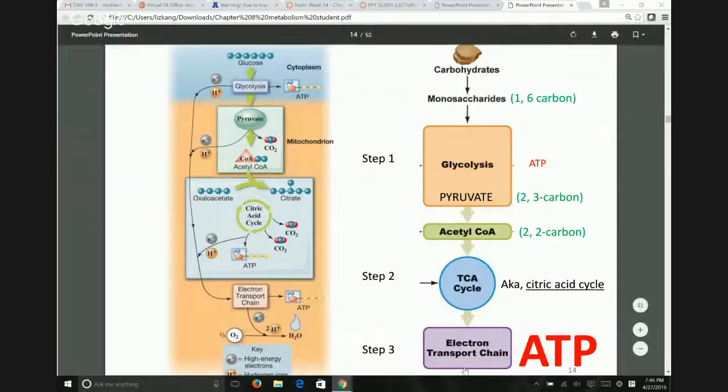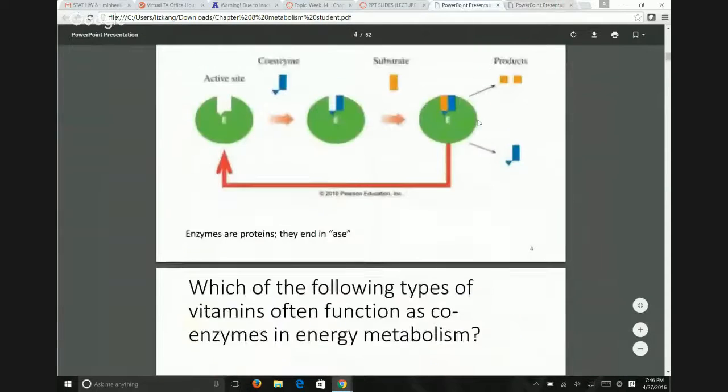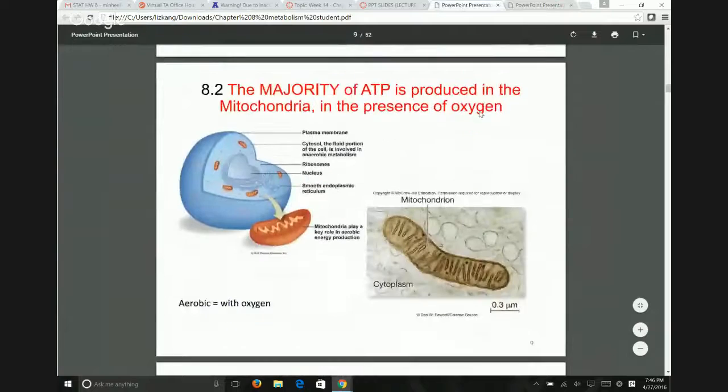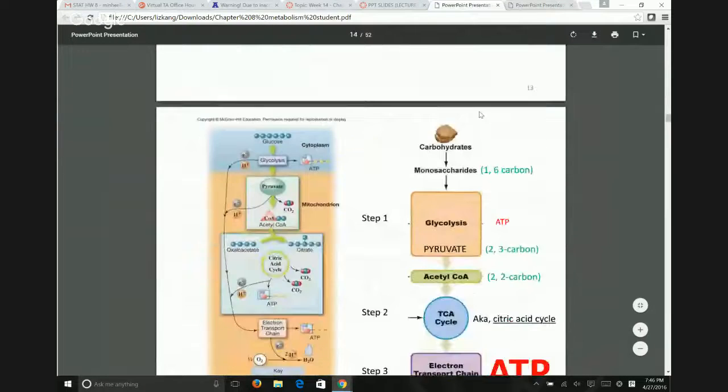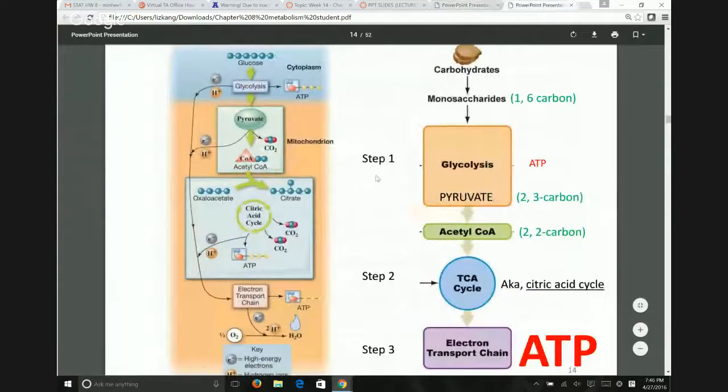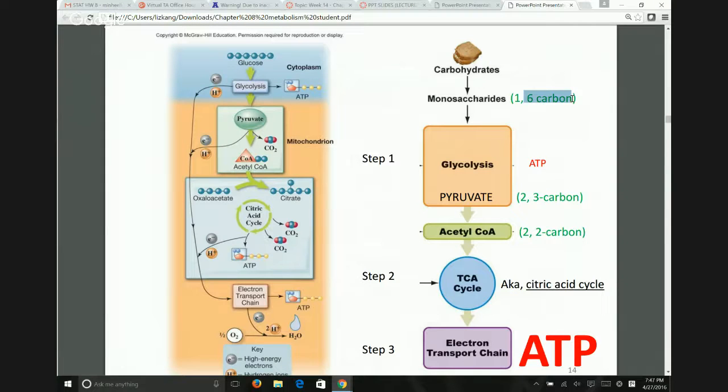I'm going to have this picture here also because I'm going to come back to it over and over, so I'll have it in two different windows. Like I said, there's carbohydrate. In this case, let's go with carbohydrate for now. It needs to go through catabolism, breaking down into monosaccharides, which is glucose in this case. Glucose has 6 carbons, and it goes through the process called glycolysis.